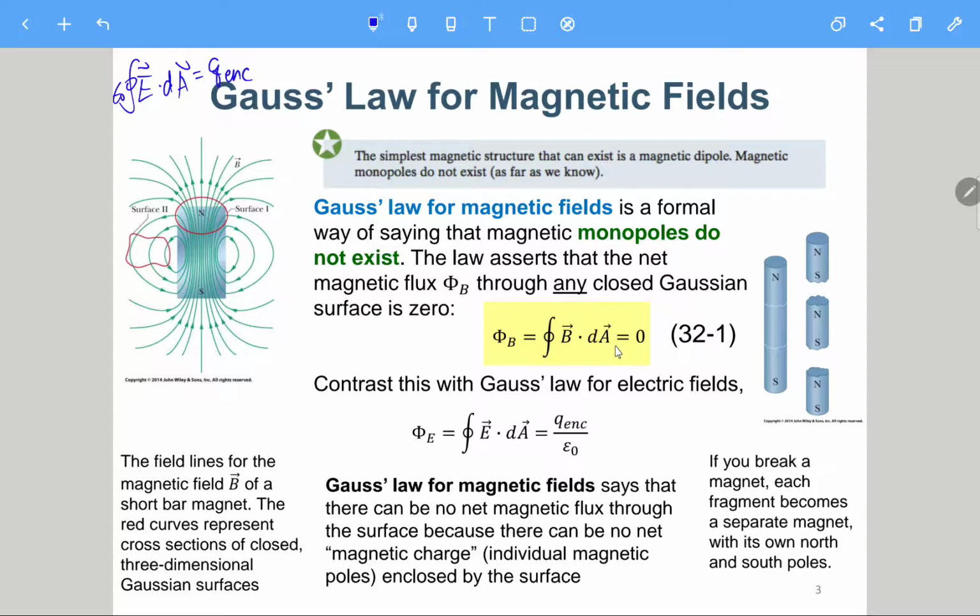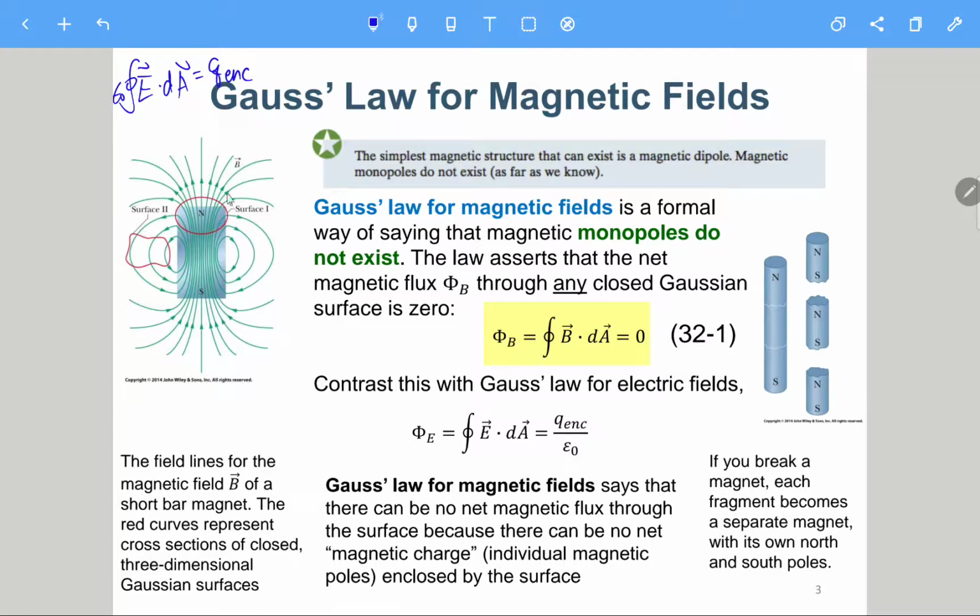As I have discussed in chapter 29 or 30, maybe chapter 28, we've already mentioned that there isn't any magnetic monopole, so we don't really have some sort of positive magnetic or negative magnetic charge. It always appears in a pair. It isn't like the charge. You can have positive charge or negative charge independently.